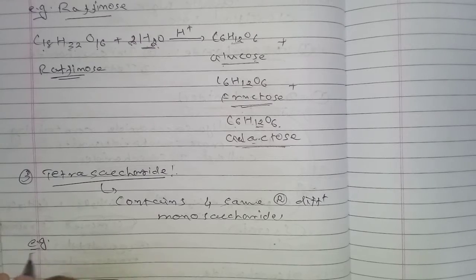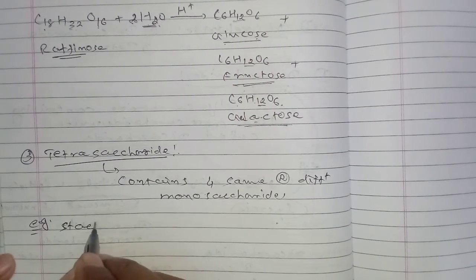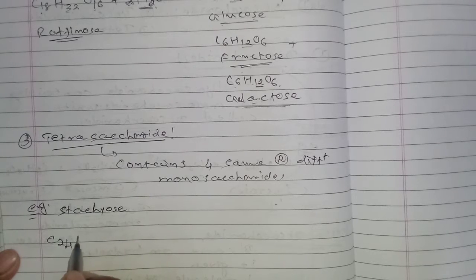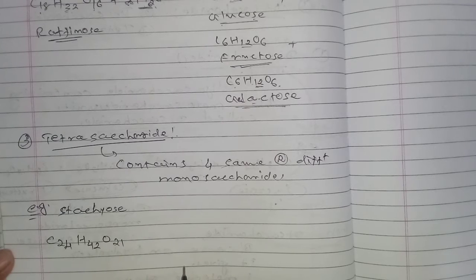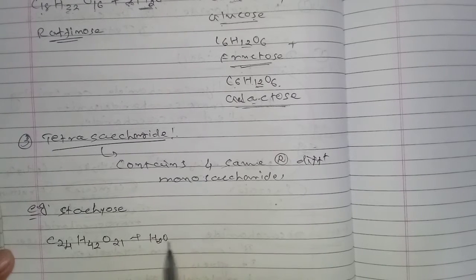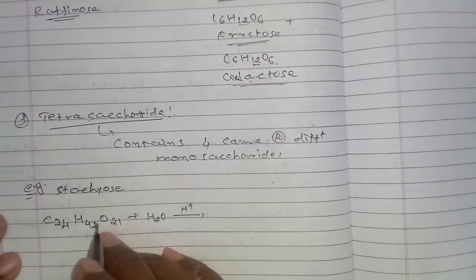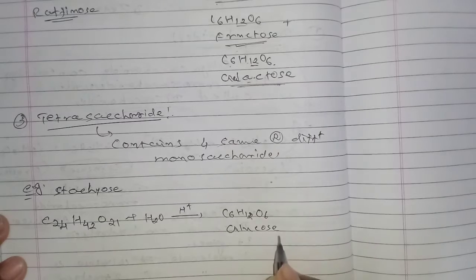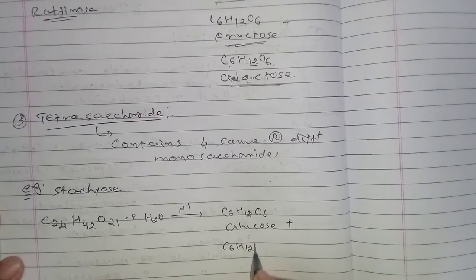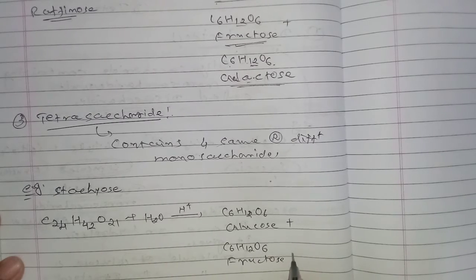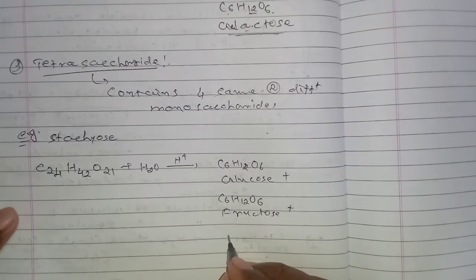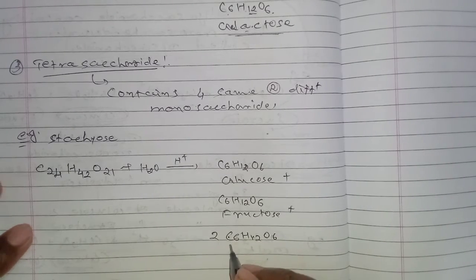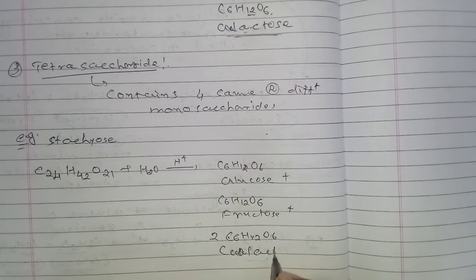For example, stachyose, its chemical formula is C24H42O21, which on hydrolysis gives 1 mole of glucose, 1 mole of fructose, and 2 moles of galactose, C6H12O6, but here 2 moles of galactose.